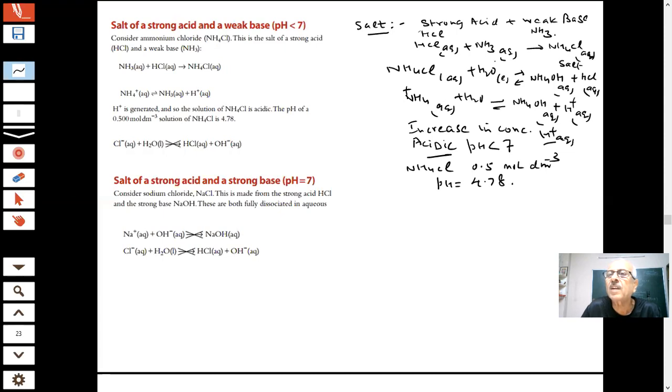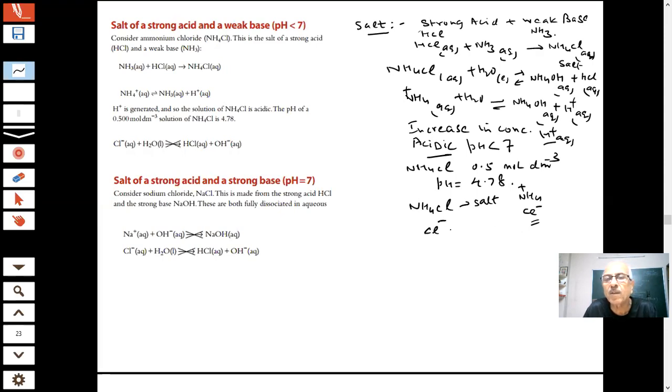Because you can see that in ammonium chloride there are two ions. NH4Cl is the salt. This is our salt. It has ammonium ions and chloride ions. The chloride is coming from a strong acid.